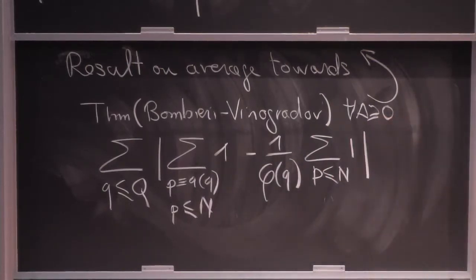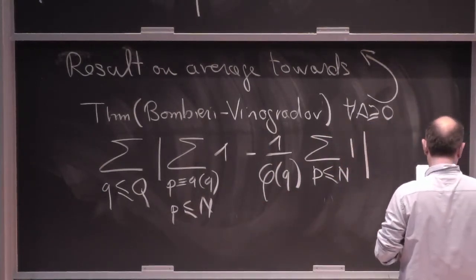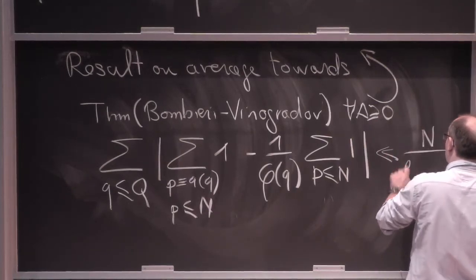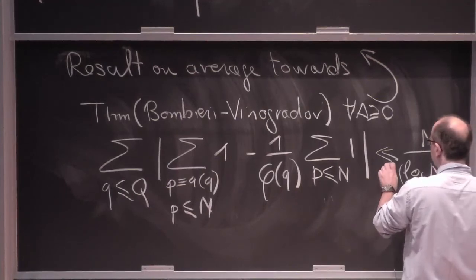So this is the average of the error term of the counting function of the primes in arithmetic progression of modulus Q. So this is less than n over log n to the A.